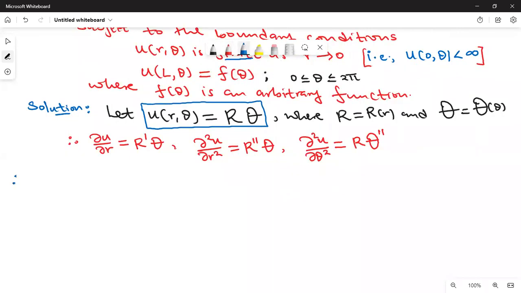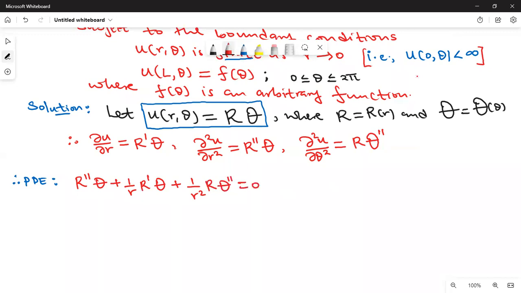So when you substitute them, therefore our PDE will now be, let's start by replacing the second derivative. It will be R double prime Theta plus 1 over r, then the first derivative of u with respect to r, that was R prime Theta, then 1 over r squared, R Theta double prime is equal to 0.